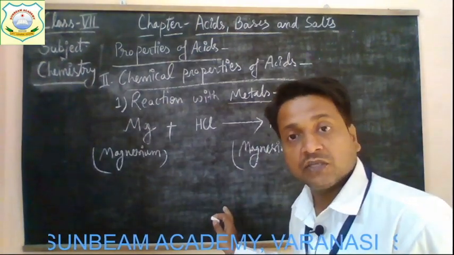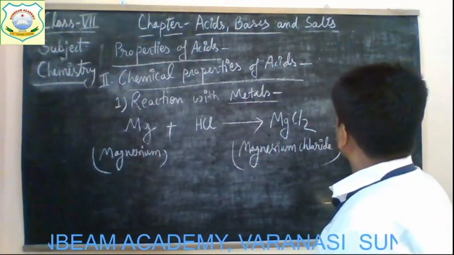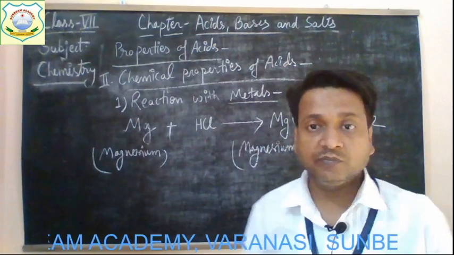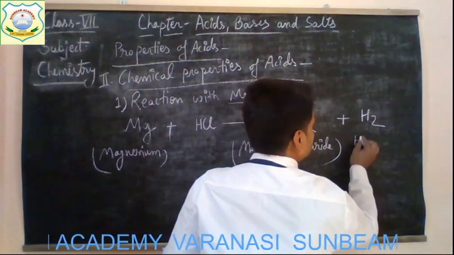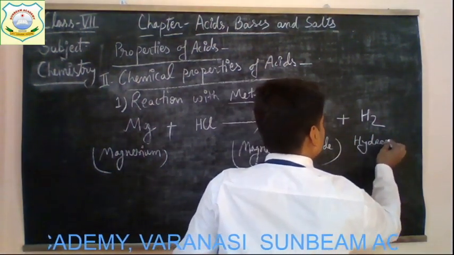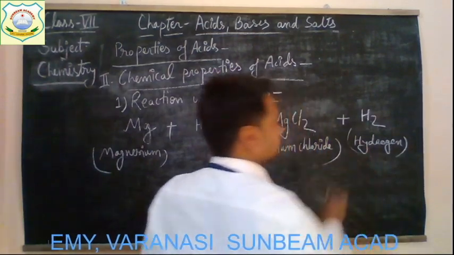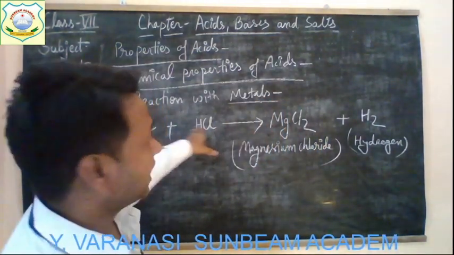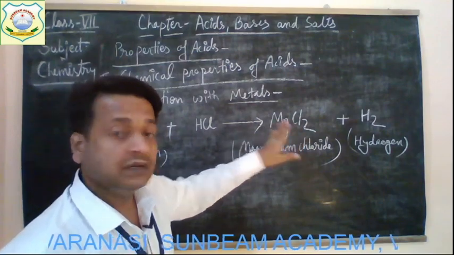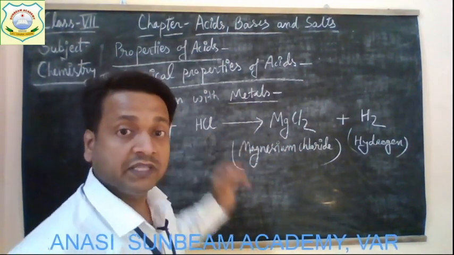Along with magnesium chloride, hydrogen gas will also be produced. So this is the reaction that occurs when hydrochloric acid reacts with magnesium.